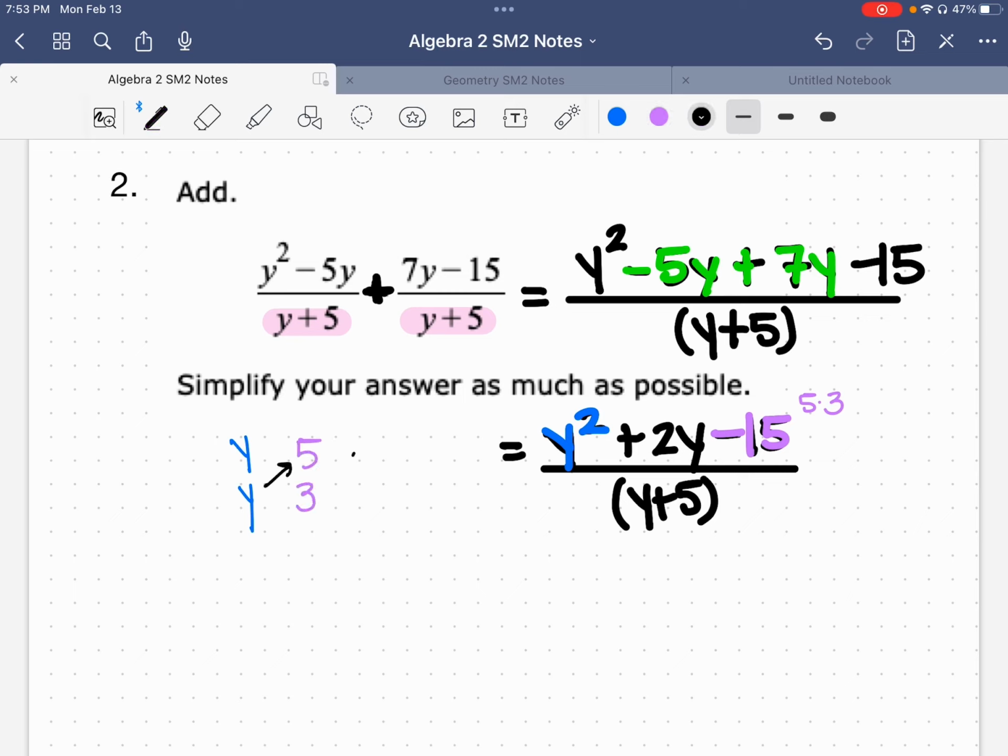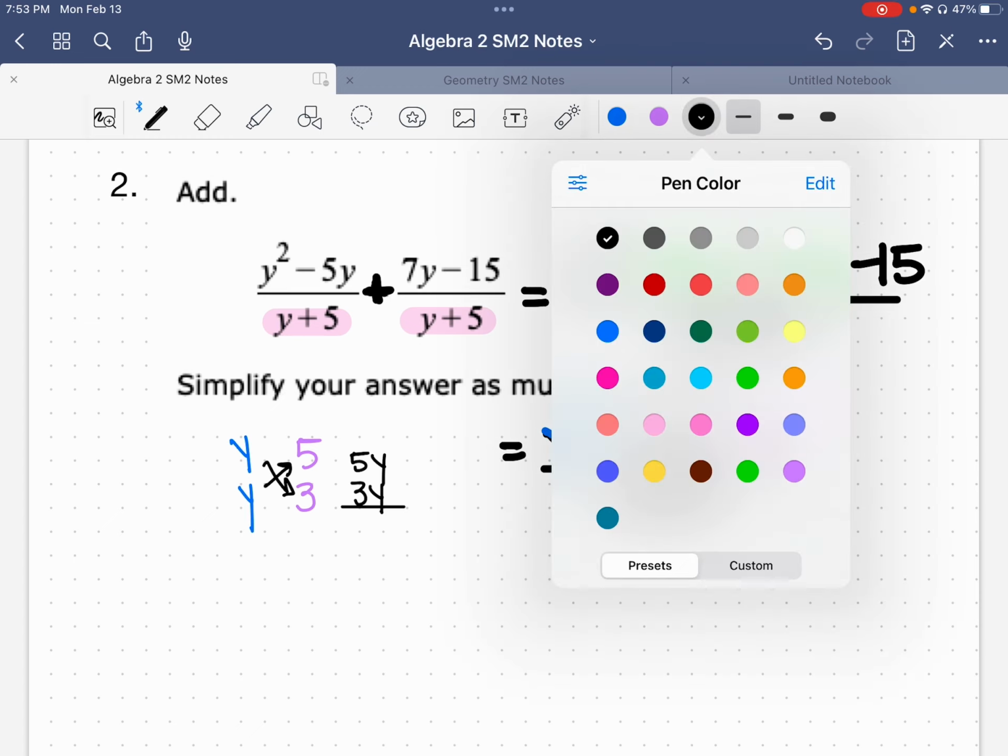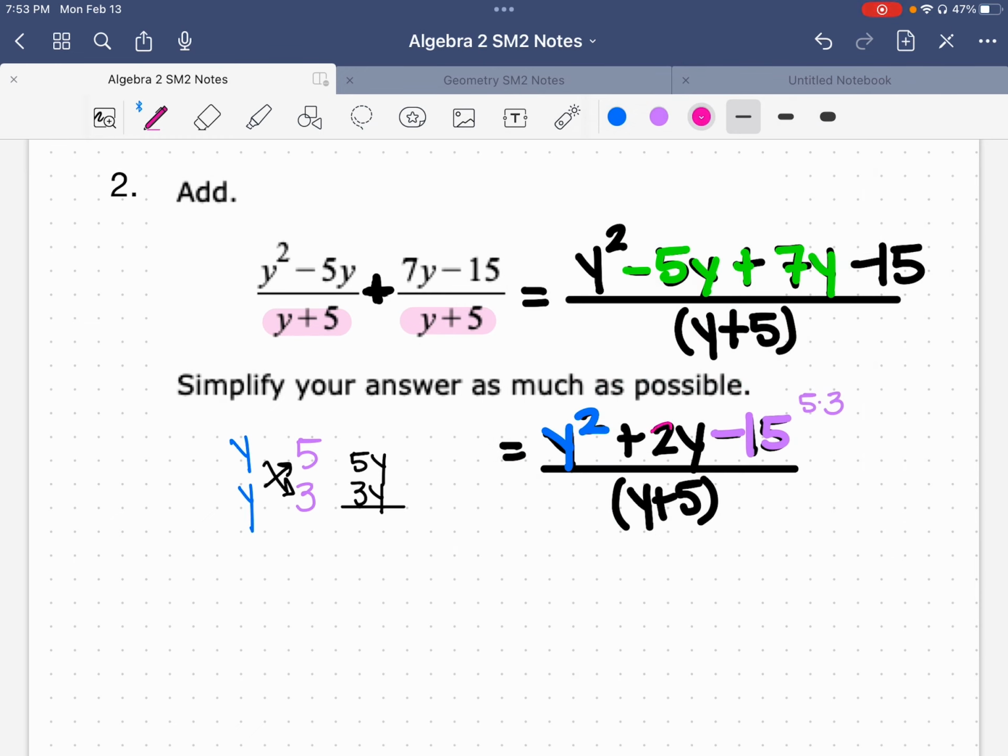Let's go ahead and cross multiply. And I think that 5 and 3 can become 2. I think I can make them into 2 by simply saying this one is positive and that one is negative. So there we go.